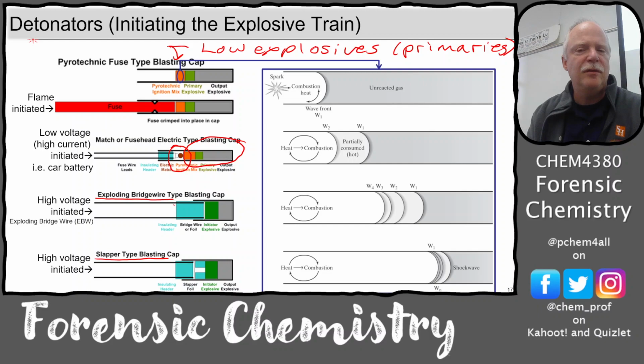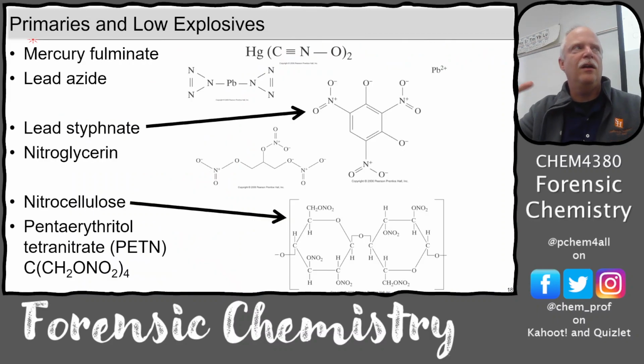Maybe they use them in mining, I'm not sure, but for sure on military weapons, they have these type of exploding bridge wire, and they need a really high voltage. If you take this and put it inside a larger charge, then that explosive detonator can detonate a larger charge. So here are the chemicals that we're talking about, the different explosives. These are primaries and low explosives. So these are the more sensitive explosives.